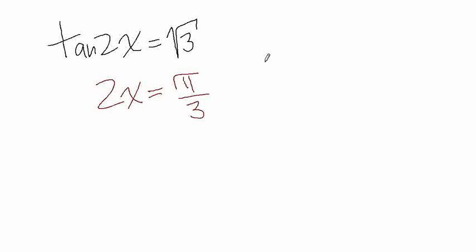By the way, you don't need to always present your solutions to trigonometric equations in radians, all right? But radians are one way that people present solutions. Okay, so there's one solution in radians, pi over 3. Now, other solutions can be found by adding an integer multiple of pi.